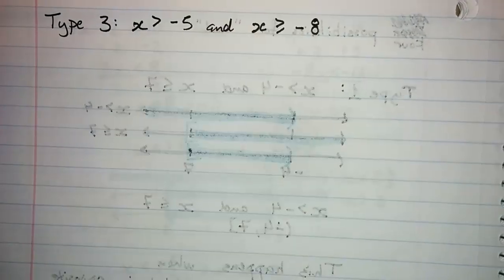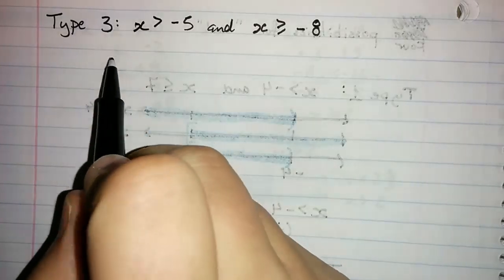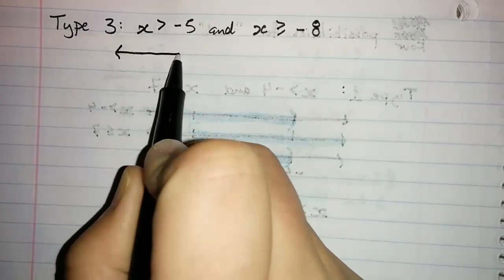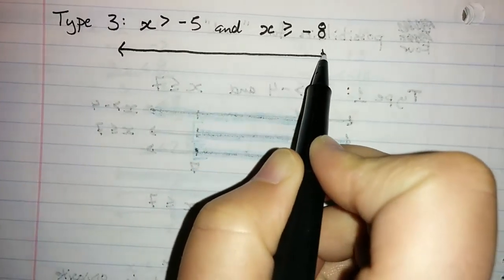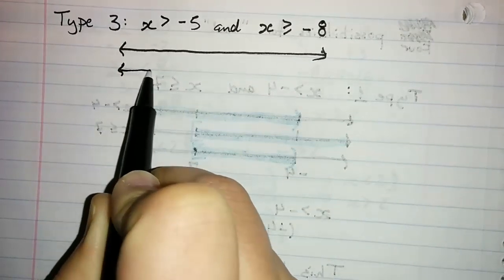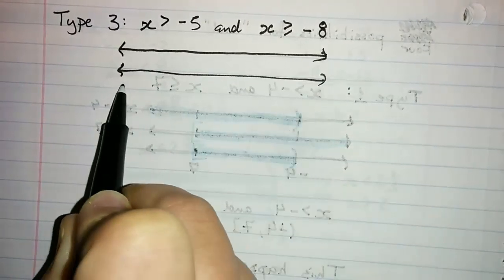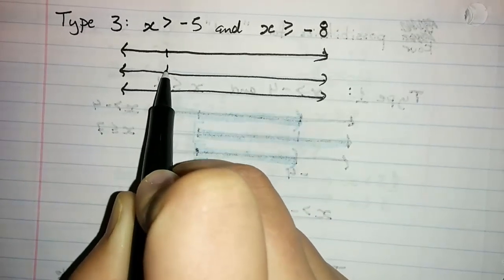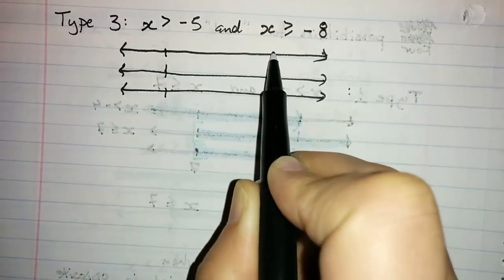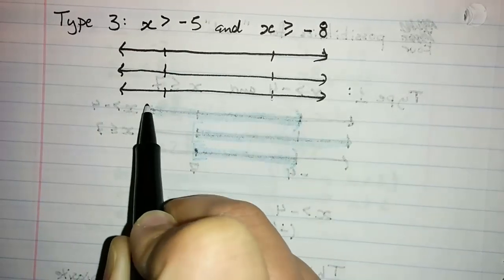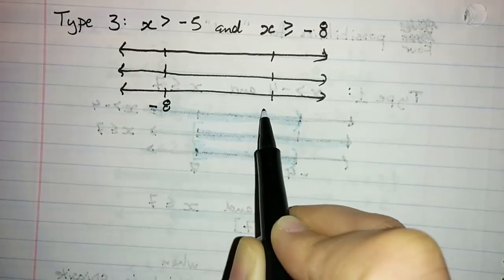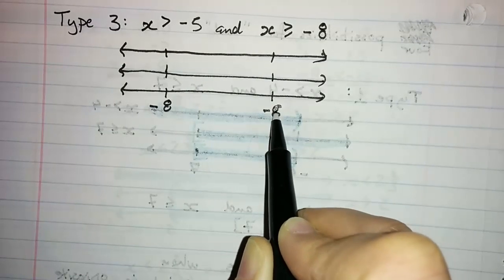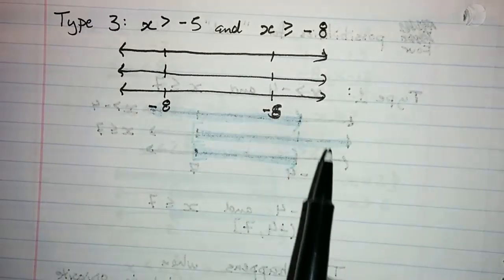The third type has as an example, x is greater than -5 and x is greater than or equal to -8. Now in drawing these number lines, I'm going to think just for a minute about what order -5 and -8 ought to come in. -8 is further to the left on the number line than -5 is.